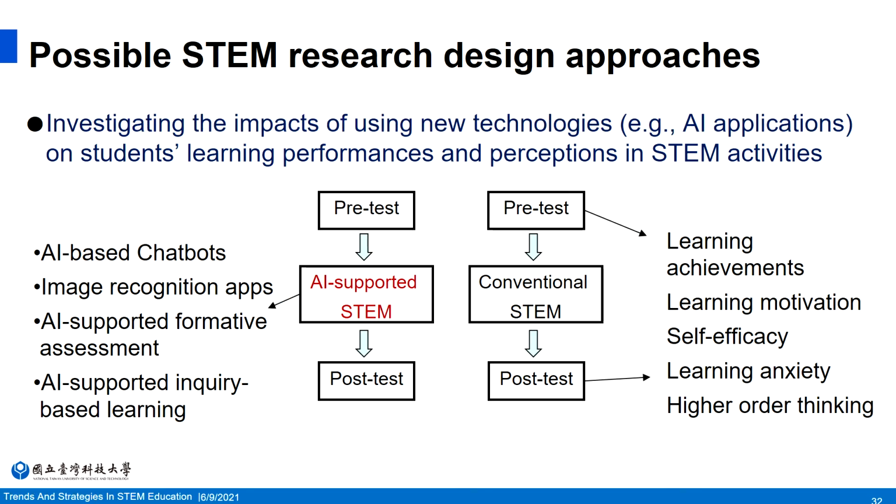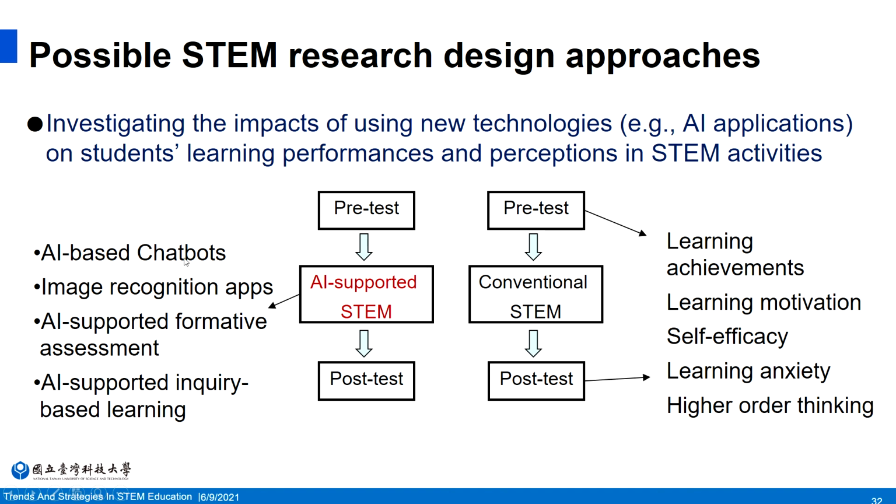There are several possible STEM research design approaches. For example, in this slide I show a design to investigate the impact of using new technology such as an AI application on student learning performance and perception in STEM activity. In the experimental group, I call it AI-supported STEM.